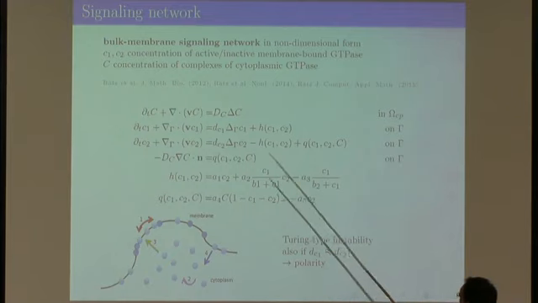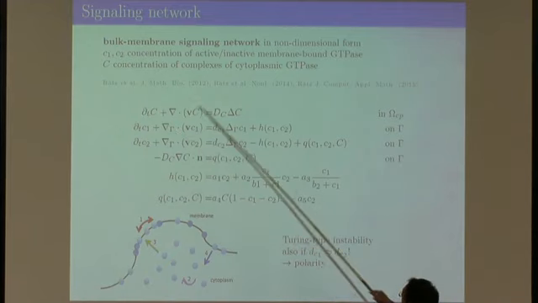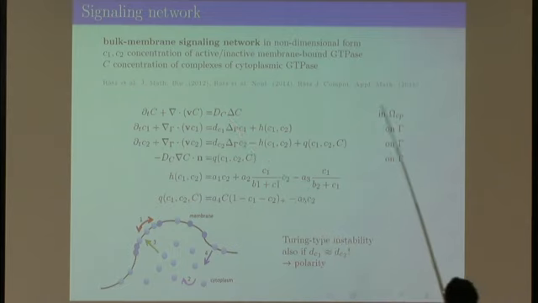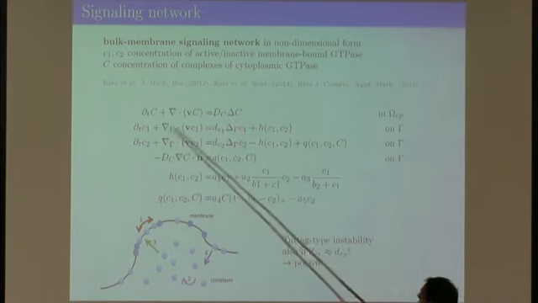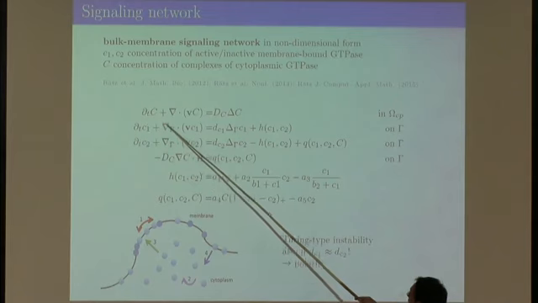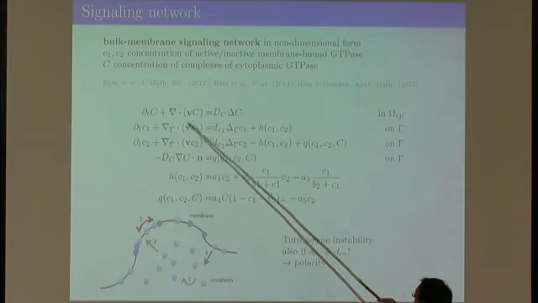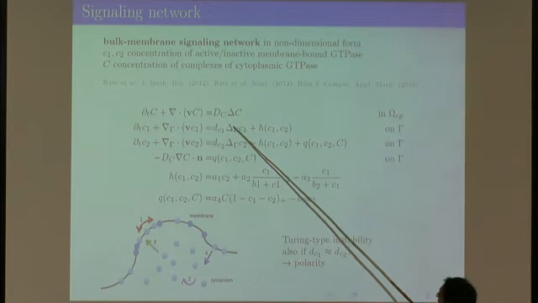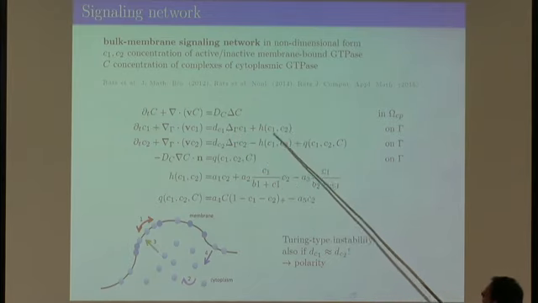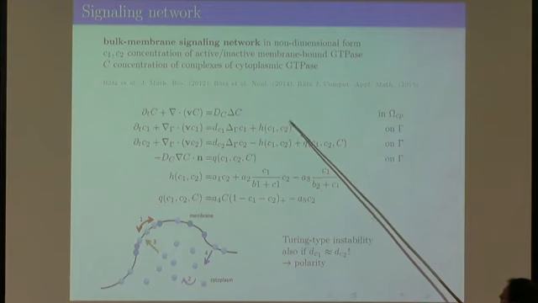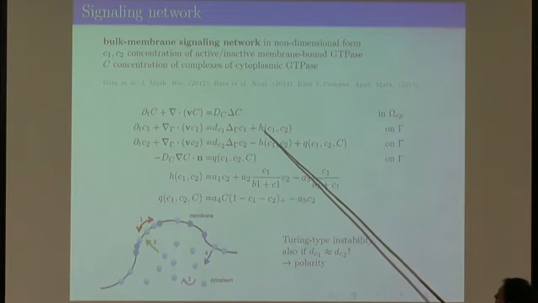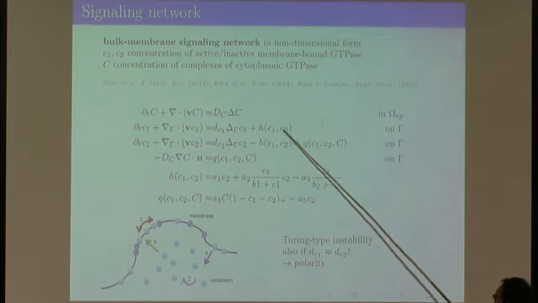Capital C is just advected and diffuses in the cytoplasm. The small c1, the active GTPase, is also advected and diffuses on the membrane, and also interacts with c2, so there's some reaction diffusion kinetics covered in the function H here.